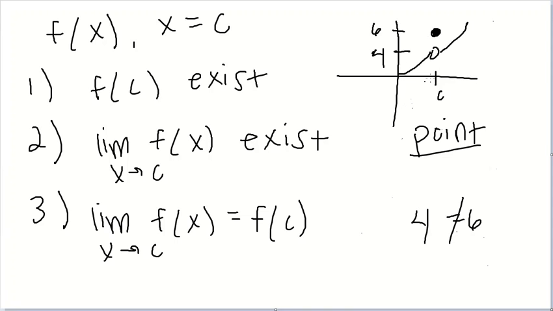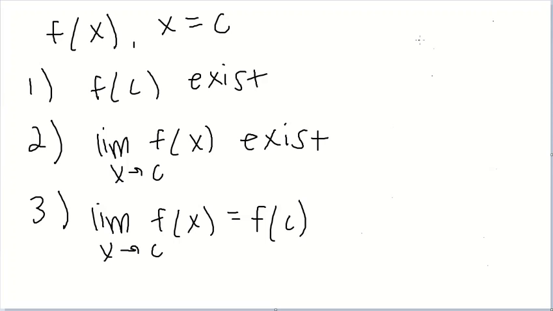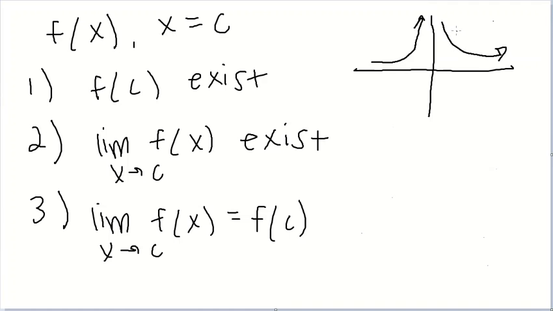The last type of discontinuity that we're gonna look at is one that, again, we've seen in some other videos. So let's say we have the function 1 over x squared right here, if you're curious. That's 1 over x squared. And then we think about if this is continuous.